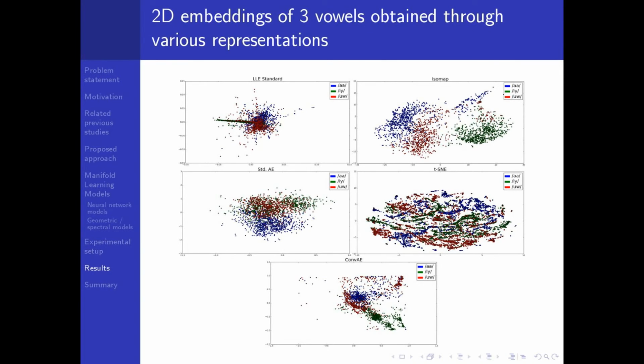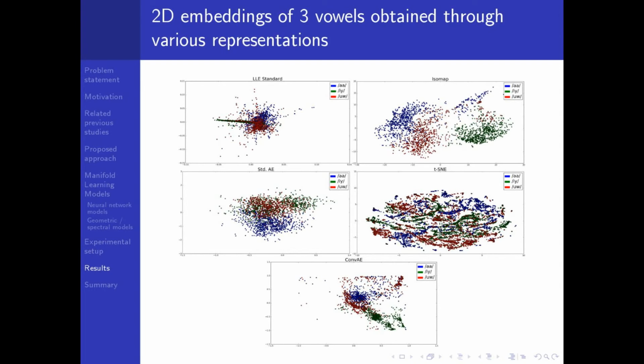We also create some visualizations to see the embeddings obtained by various methods in 2 dimensions. As we can see, locally linear embedding does not separate the 3 phoneme classes very well, but isometric mapping and convolutional autoencoders are able to separate and create well-defined boundaries around the 3 phoneme classes.